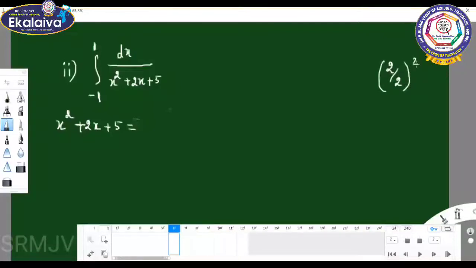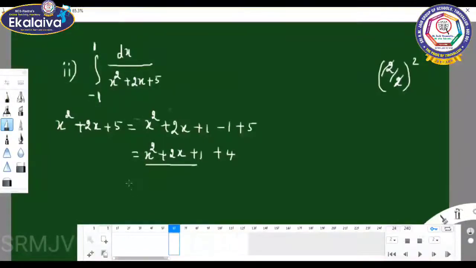Whatever the coefficient of x, by 2 the whole square, and that value you can write as plus or minus. So you cancel the value 1. x square plus 2x plus 1 minus 1 plus 5. So x square plus 2x plus 1 plus 4.